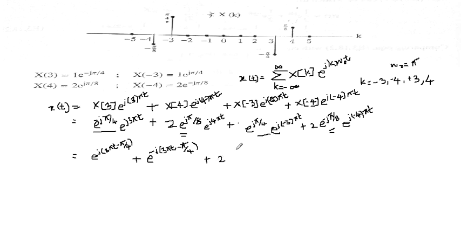So let's write 2, and within the bracket it is e raised to j pi by 4 pi t, plus, as this 2 is outside, e raised to, let's take minus outside, into the bracket 4 pi t and it would be plus pi by 8.